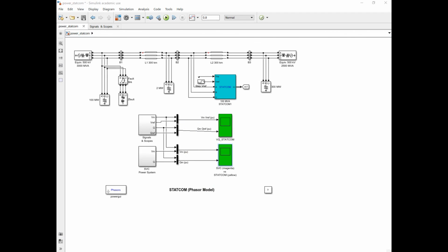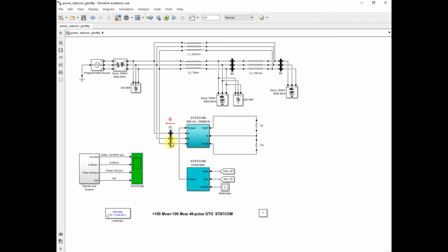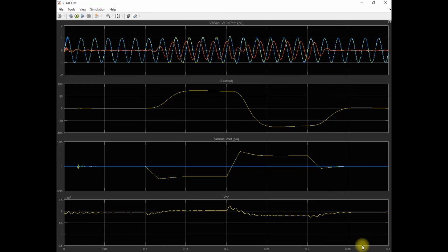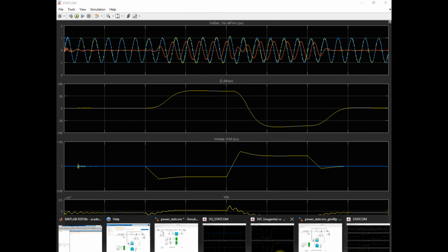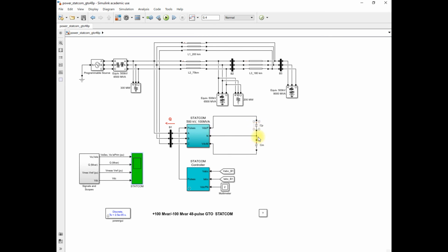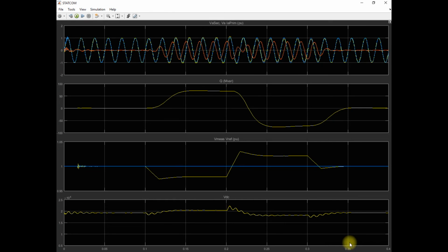Means this is the voltage at the bus B1 here where the STATCOM is connected. So let's analyze this graph here, and the last one, that is the DC voltage of the STATCOM, that is the input voltage of the STATCOM, that is available here. You can see that this is the input DC voltage which is provided to this multipulse converter, 48 pulse multi-level converters. So now observe this waveform at different times.